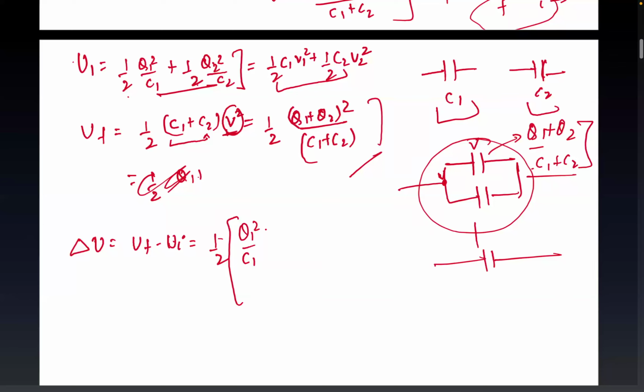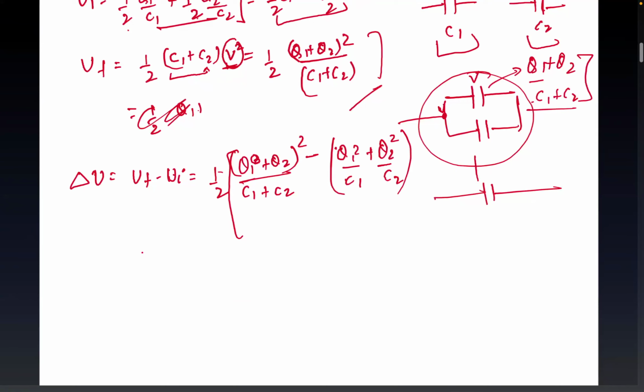So Q1 plus Q2 whole square divided by C1 plus C2 minus Q1 square by C1 plus Q2 square by C2. Clear?